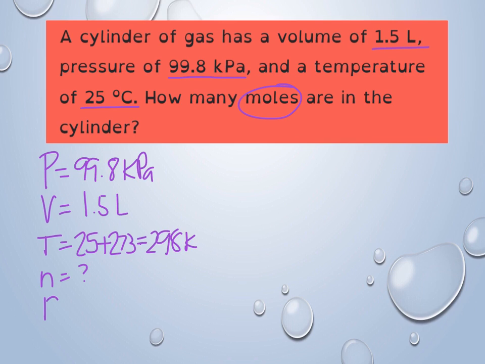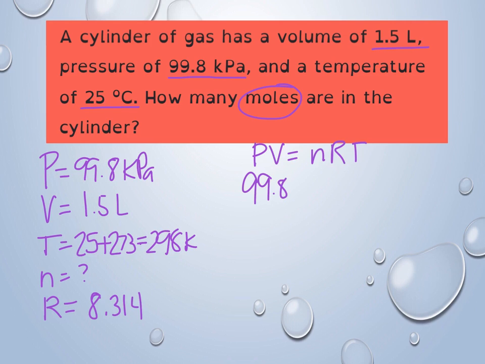So we have to come up with what R value we're going to use, and our R is dependent on our pressure. So you can see that we have kPa here. So we are going to have a gas law constant of 8.314. And all we need to do now is plug all these numbers into the equation. So it's PV equals nRT.